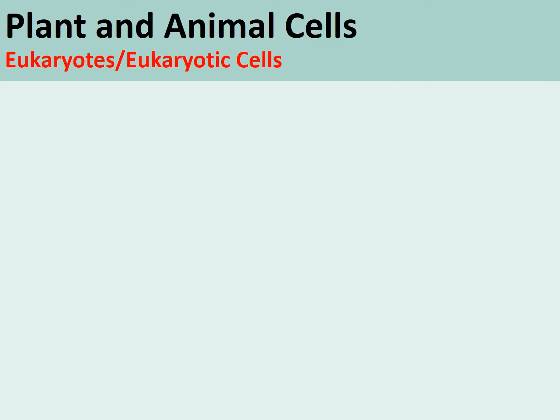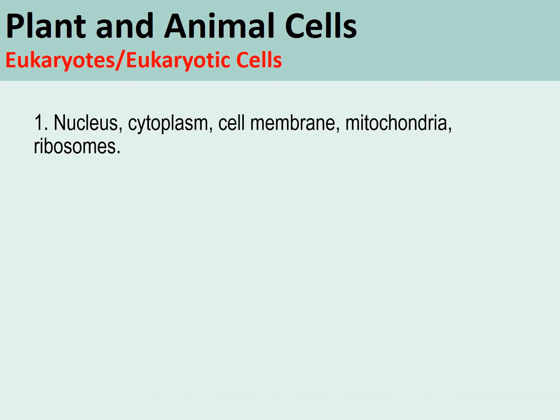Question 1 was list the organelles, or the subcellular structures, found in both plant and animal cells. So hopefully we've put the nucleus, because it is a eukaryotic cell, it contains a nucleus, cytoplasm, the cell membrane, the mitochondria, where respiration takes place, and ribosomes, which make proteins, protein synthesis.